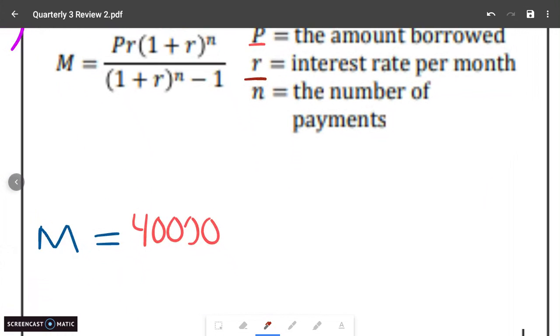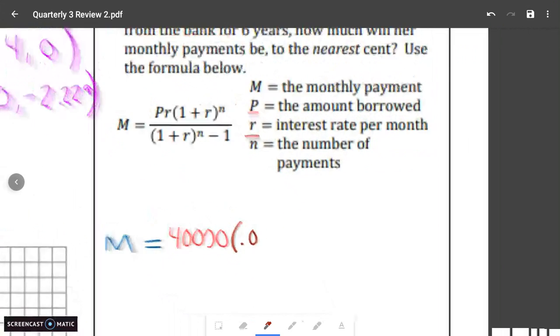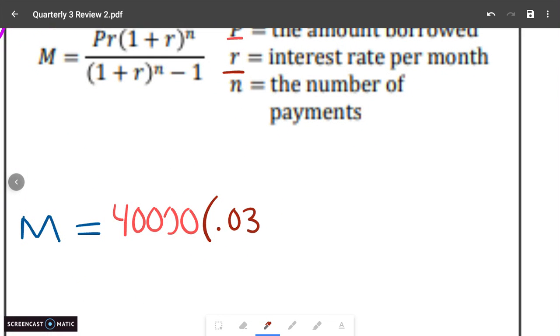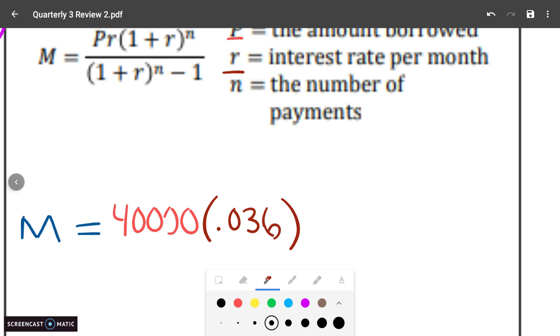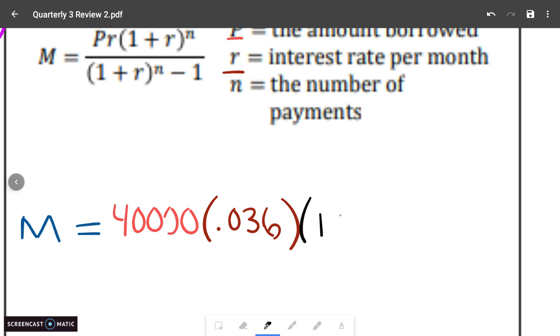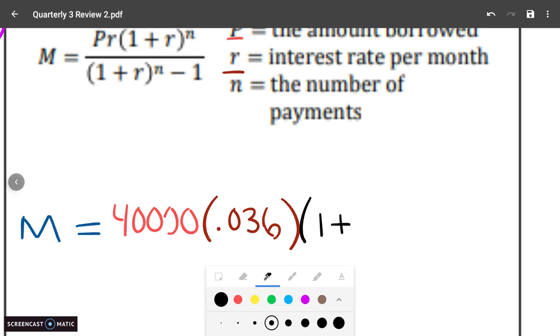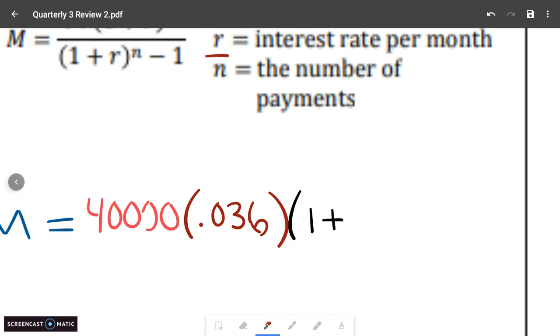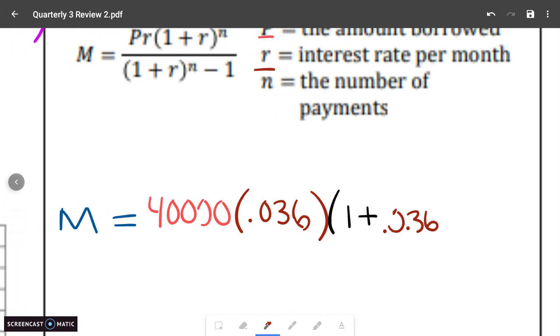So remember, we do convert that back though, so 0.036. And we'll have 1 plus that. Just rewrite it so it's clean there.